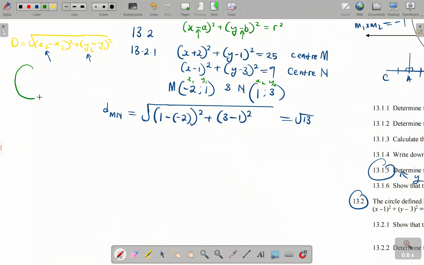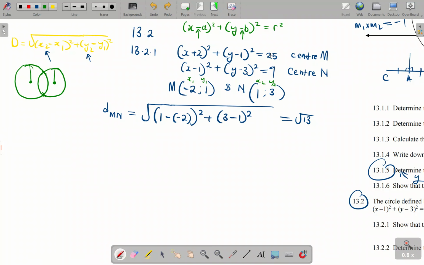Let me picture this for you. You have those circles. Again, they said that they have to intersect at exactly 2 distinct points. So it has to be here and then there. So this will be the radius of the bigger circle, the radius of the smaller circle. To check which one is the bigger circle, simply check their radii.